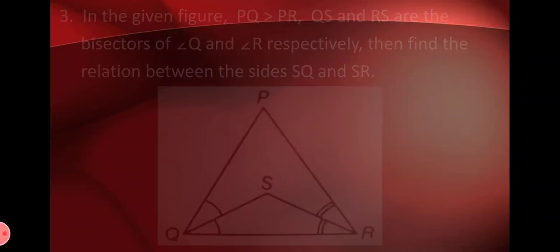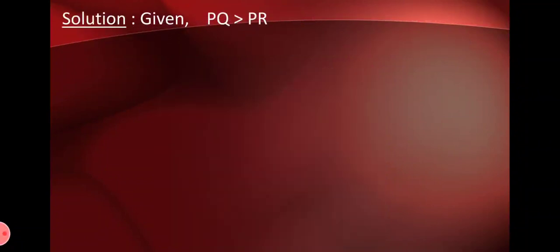Let's write the solution. It is given in this question that in triangle PQR, PQ is greater than PR. Therefore, angle PRQ will be greater than angle PQR.